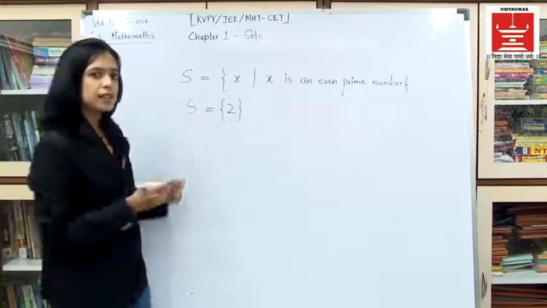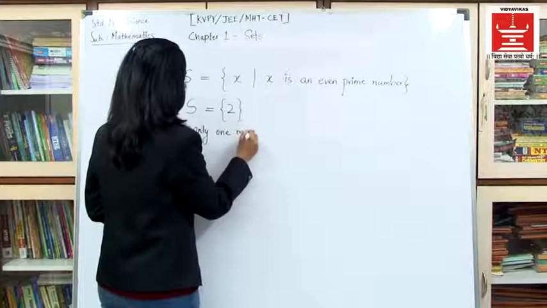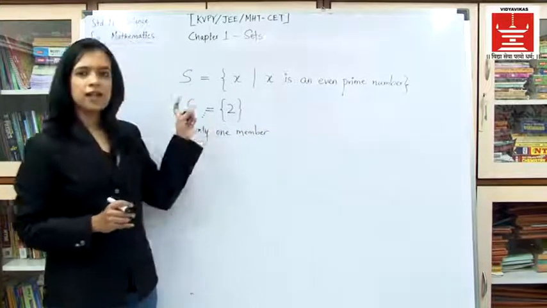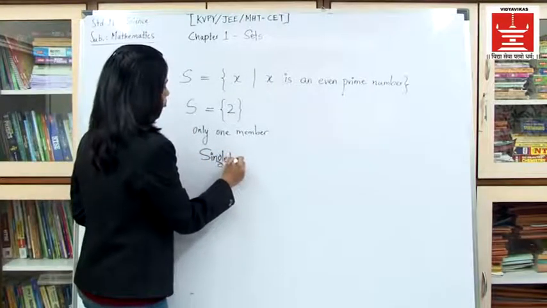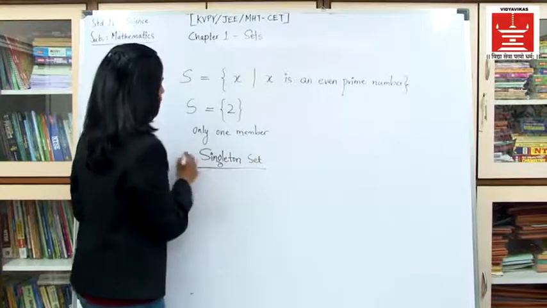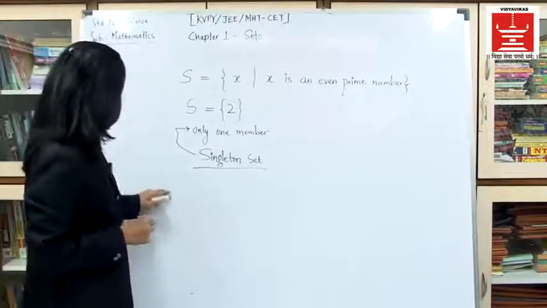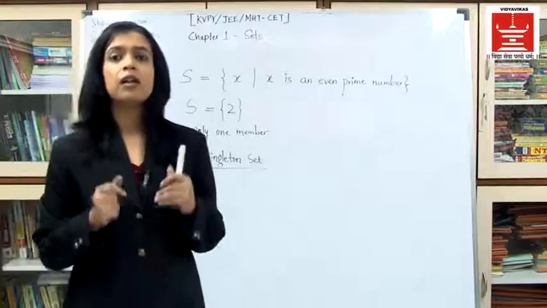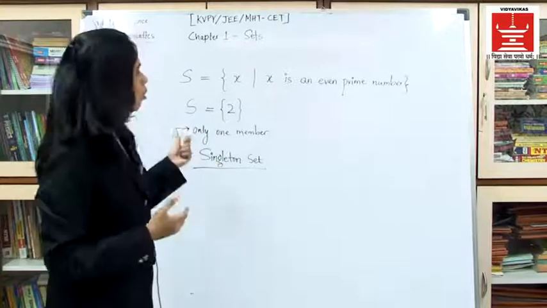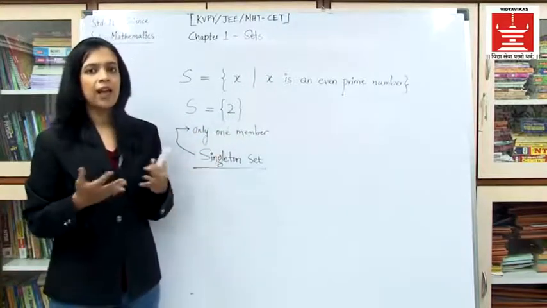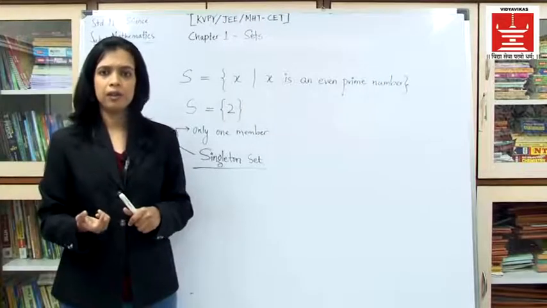So, this contains just a single element, only one member. Such a set is called a singleton set. A set having just one member. So, yes, for a set, as the description varies, the number of members inside that set also varies. Some sets can have no element in them, some sets can have just one element in them.